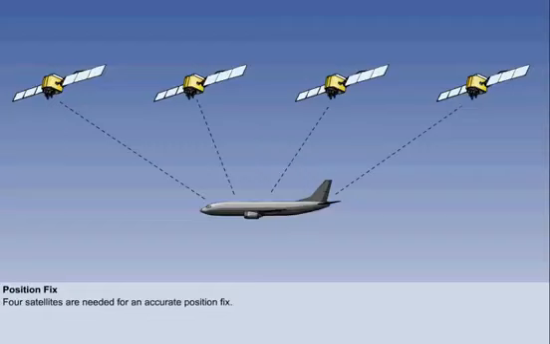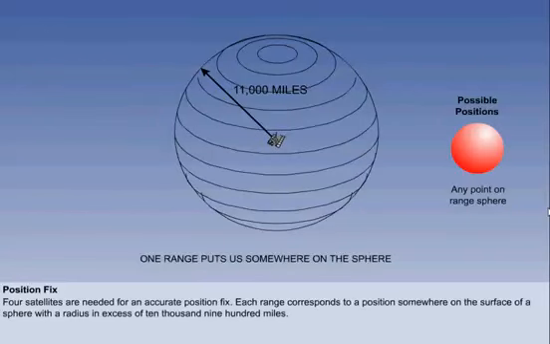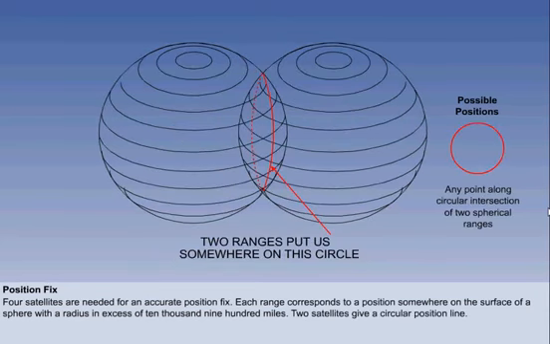To calculate its position, the receiver uses 4 SVs and constructs a 3-dimensional fix using the pseudo-ranges from the 4 SVs. Each range corresponds to a position somewhere on the surface of a sphere with a radius in excess of 10,900 miles. The intersection of 2 range spheres will give a circular position line.